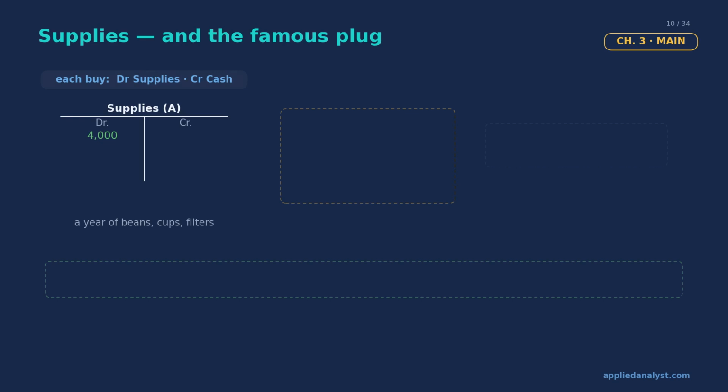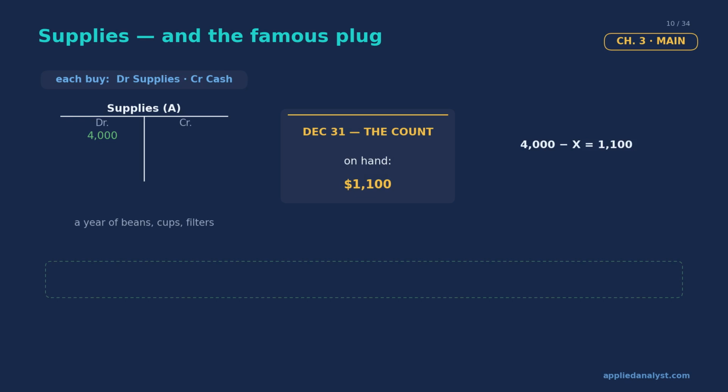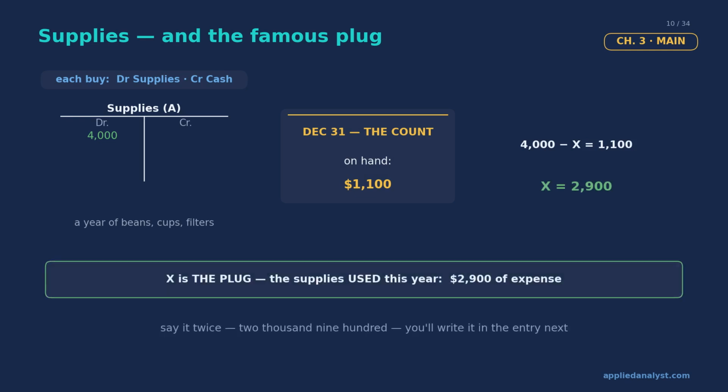Instead, on December 31st, you count the closet. $1,100 of supplies still on hand. Now the famous algebra. 4,000 minus x equals 1,100. Solve it. X equals 2,900. That x is what accountants call the plug. The supplies used this year, $2,900. You'll write it in the entry in a second, so say it once more with me, 2,900.